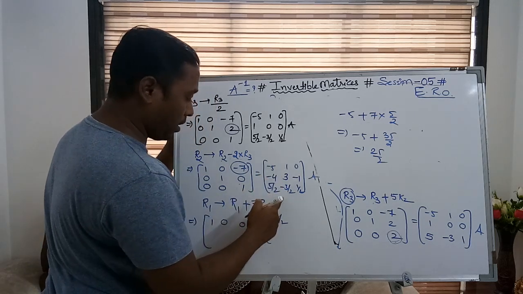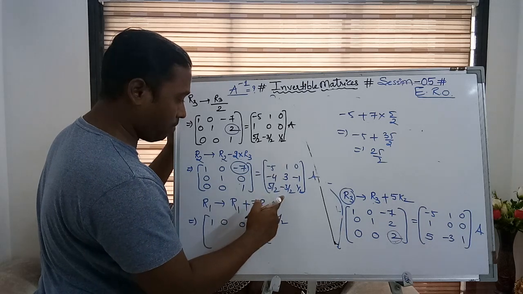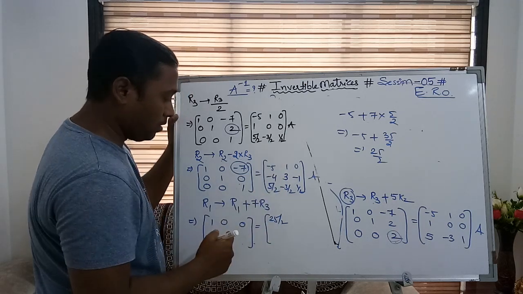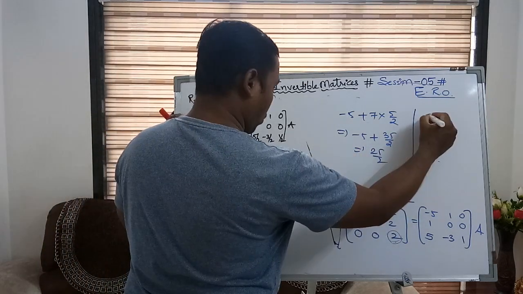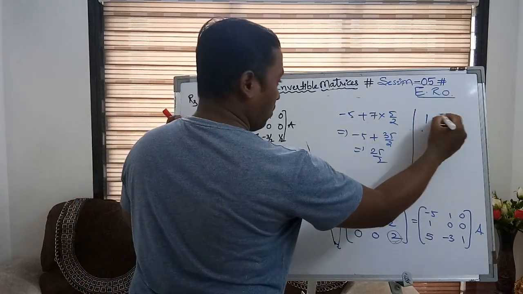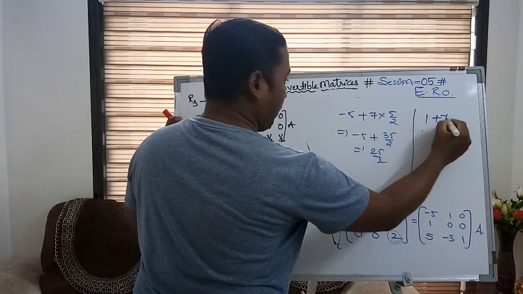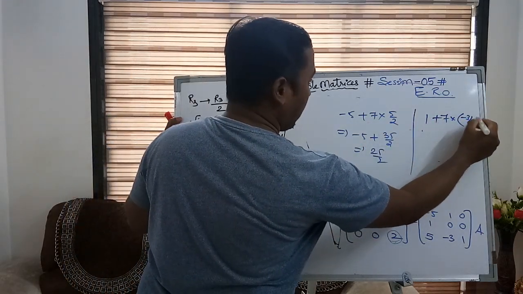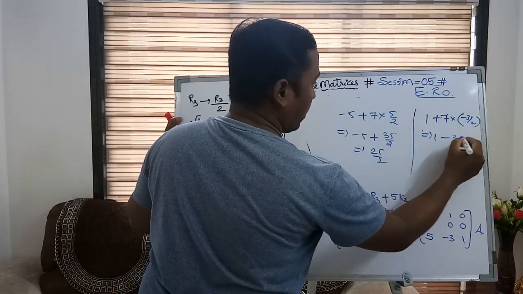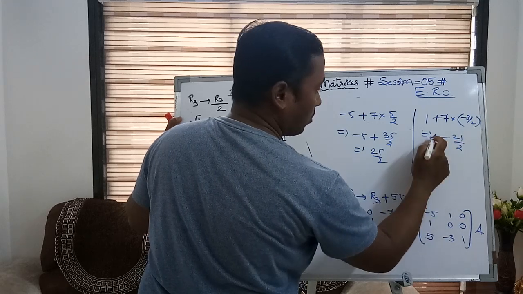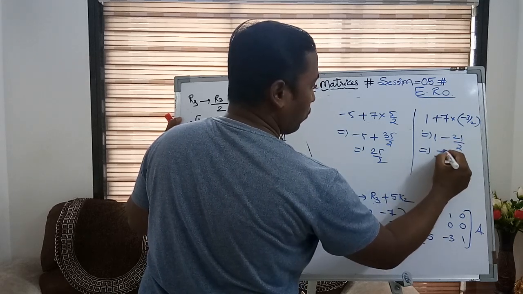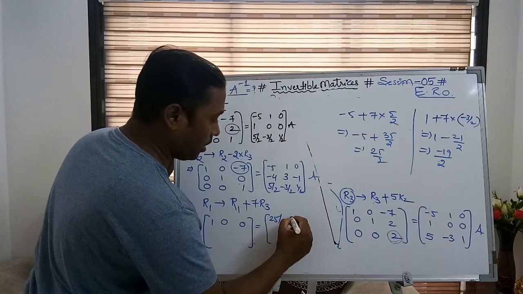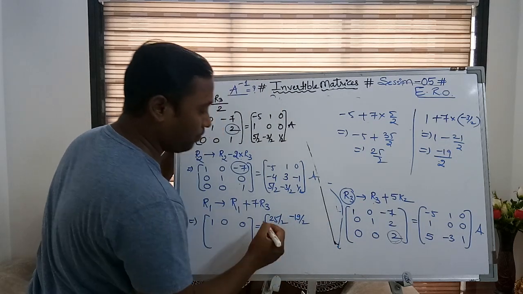Similarly here if I apply the same, R1 plus 7 times R3. The R1 element is 1, plus 7 times the R3 element, which is minus 3 by 2. So 1 minus 21 by 2. 2 is the LCM, so it would be minus 19. So it is minus 19 by 2.